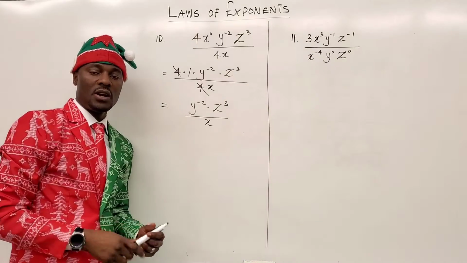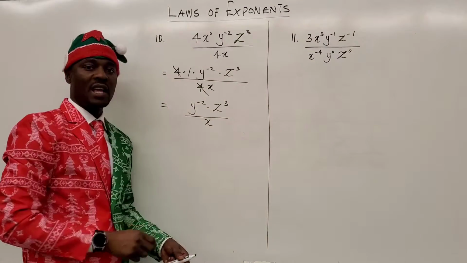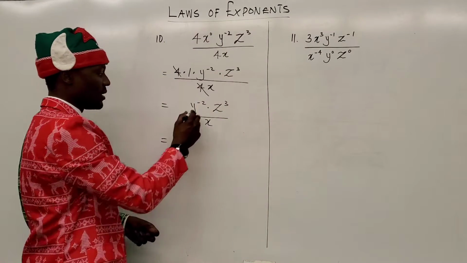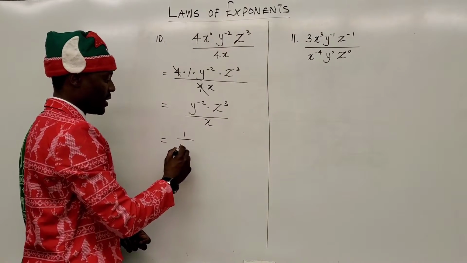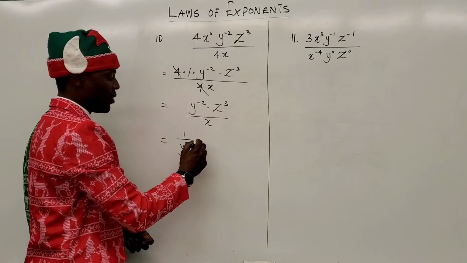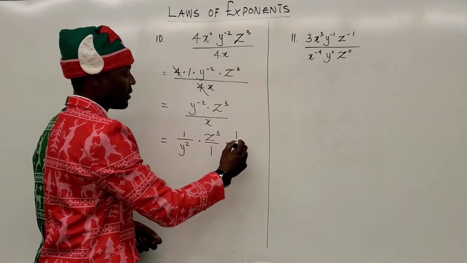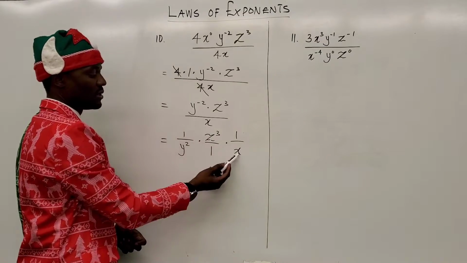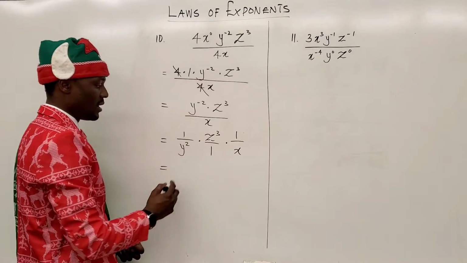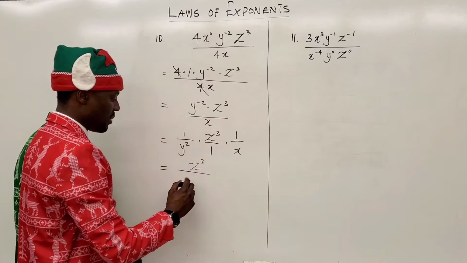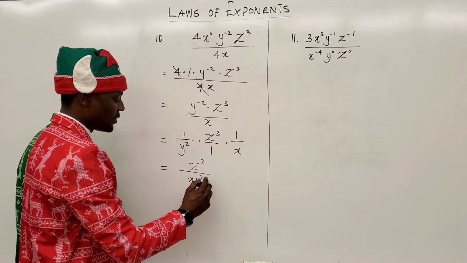This would be your answer, unless you're not supposed to use a negative exponent. Then you have to change this into a fraction, which will convert this into 1 over y squared, and you're multiplying by z cubed over 1, and you're multiplying by 1 over x. See, this x is under, you have to keep it under. And you're left with z to the 3rd divided by x y squared.